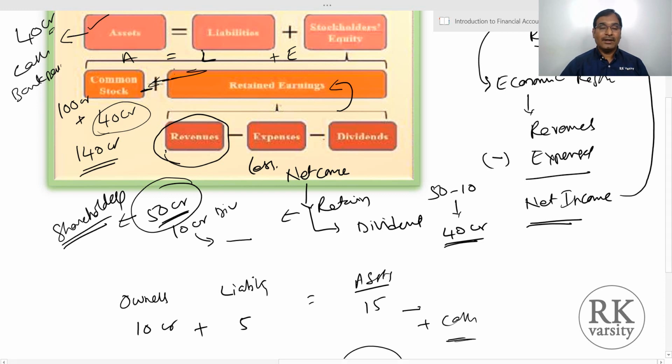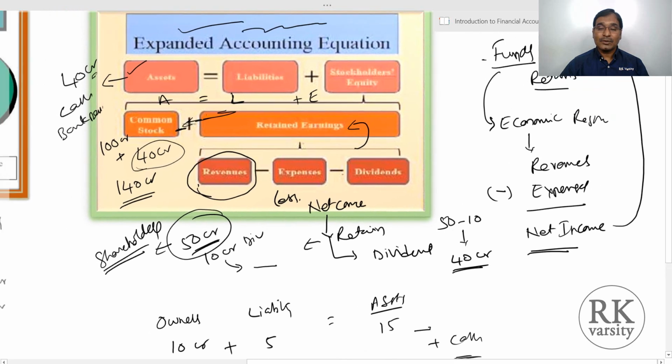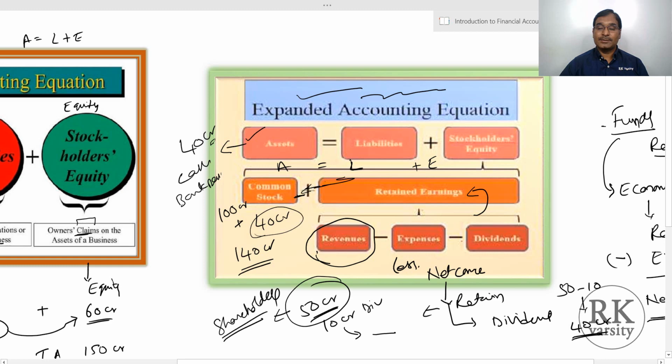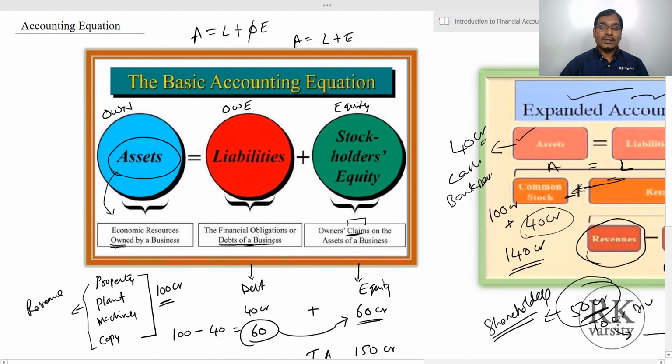In any case, the accounting equation will be equal, that is assets equals liabilities plus shareholders' equity. This is the basic accounting equation and the expanded accounting equation. Double entry bookkeeping works on this concept.